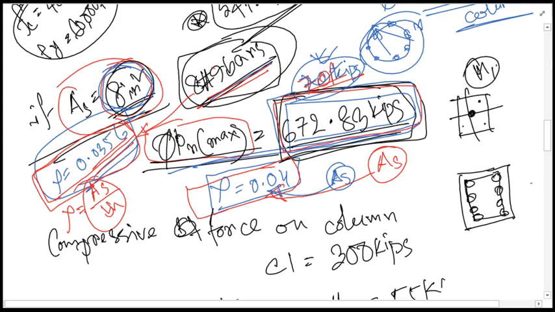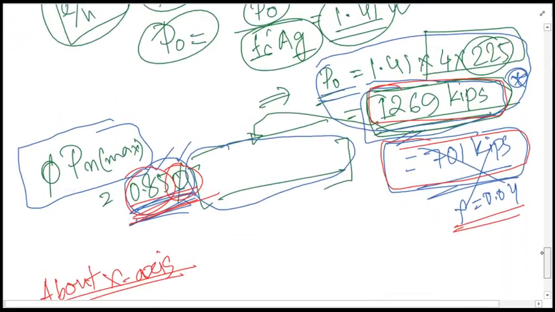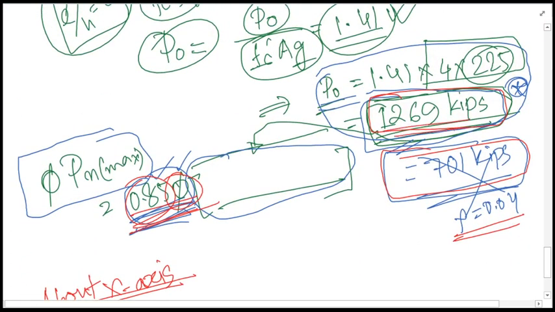But if we had used rho equals 0.04 and the corresponding As, that particular As would have given you this value as 701 kips as concentric values, which is also similar to the value which we would have obtained from the graphs and multiplying that with 0.85 into 0.65. We haven't got this because this value is not the final capacity.